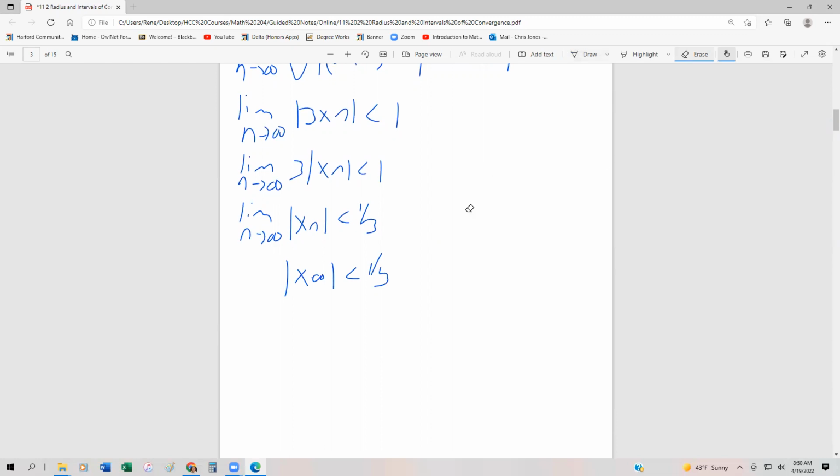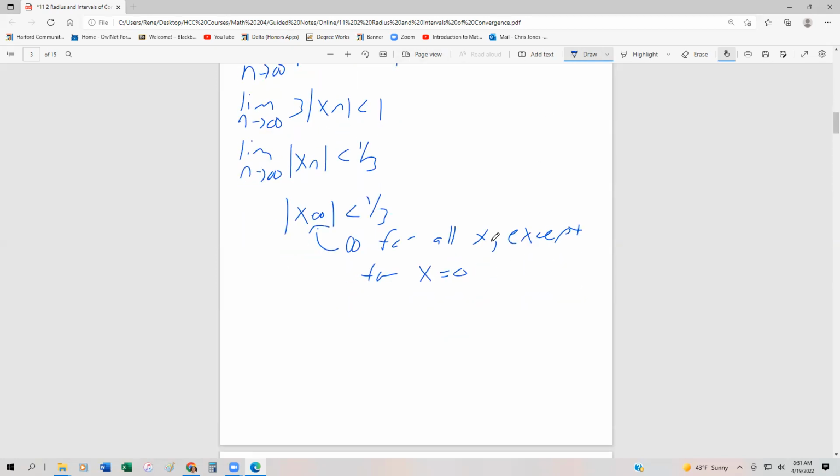This is going to be infinity for all x except for x equals 0, because we would have 0 times some number, and that would just go to 0. Remember, we want a number that's less than 1/3, so the only value that's going to make this true for this particular problem is x equals 0.